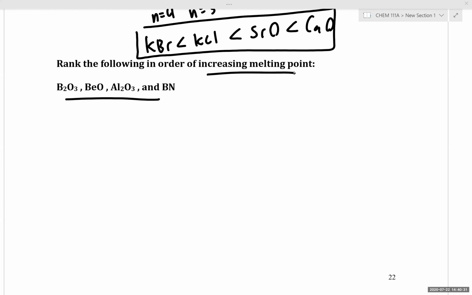The larger your ions are, the lower the melting point. Smaller ions lead to larger lattice enthalpies and larger melting point. Did that clarify and address your question?